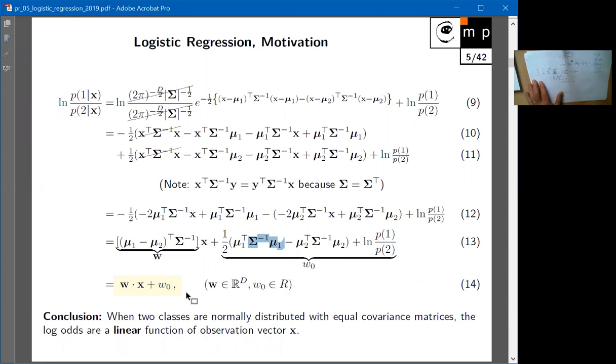So I've simplified my problem from estimating d plus d times d plus 1 half, into the problem of just estimating d numbers, and I've lost nothing. So, and any method that would, we see that the log odds is linear.